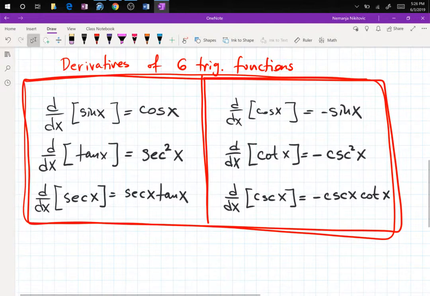One of the most important things to realize is that functions are always paired. You have a sine-cosine pair. You will never see tangent with cosine or secant with sine or anything like that. What are the other two pairs?